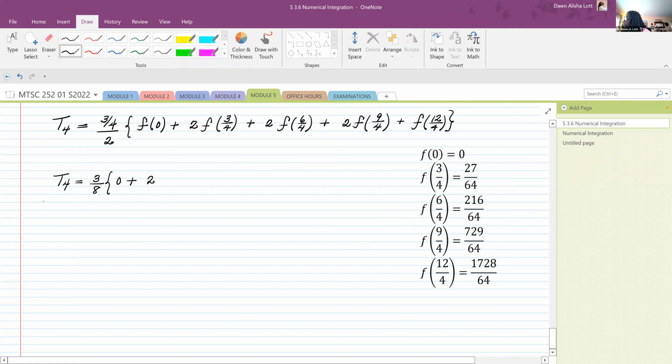Plus 2 times f of 3/4 is 27 over 64. Plus 2 times f of 6/4 is 216 over 64. Plus 2 times f of 9/4, which is 729 over 64, plus 1 f of 12/4, which is 1,728 over 64.